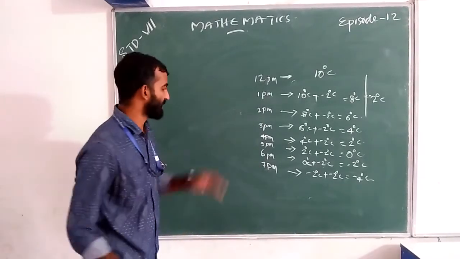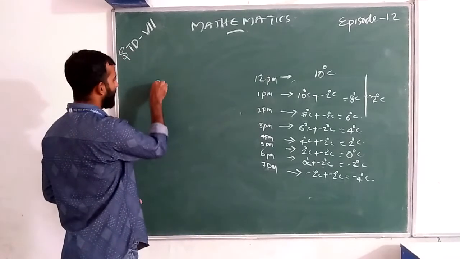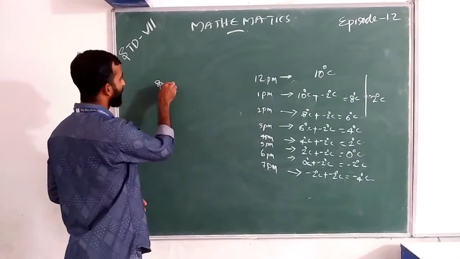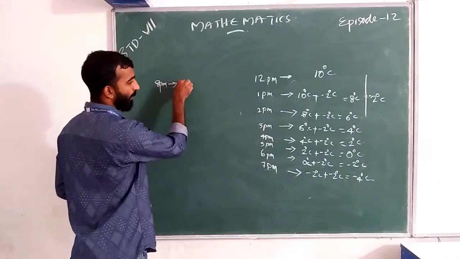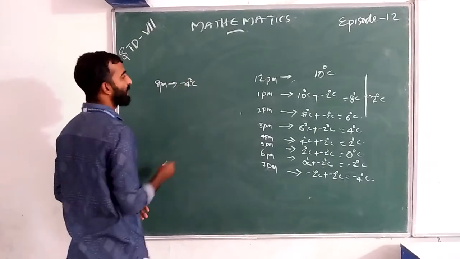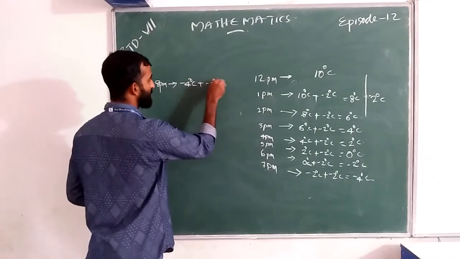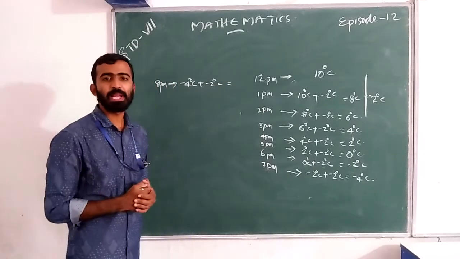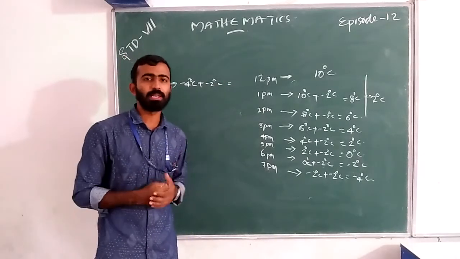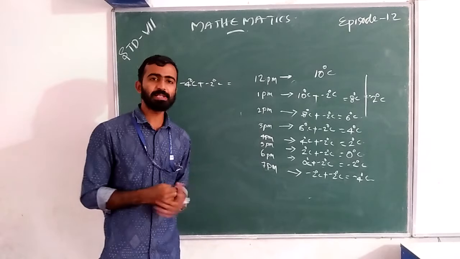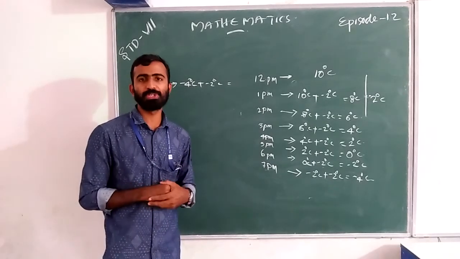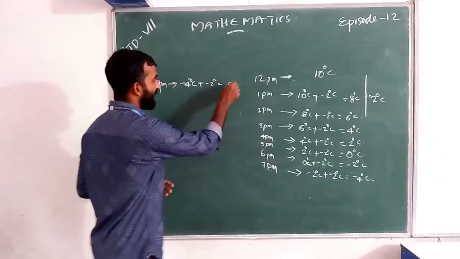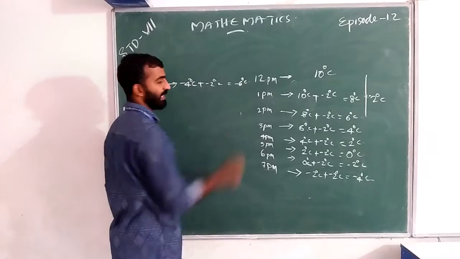At 8 p.m., we get negative 4 degrees Celsius plus negative 2 degrees Celsius. What is the answer? We have already studied the addition of negative numbers, so that is negative 6 degrees.